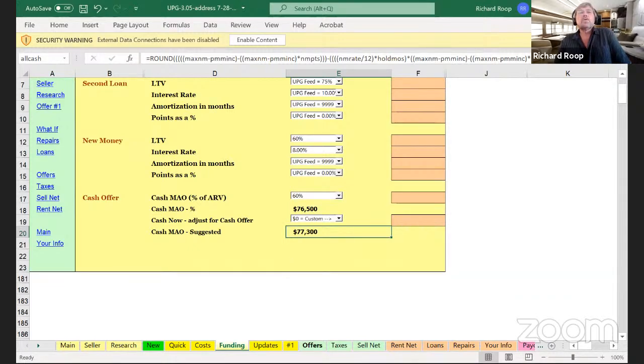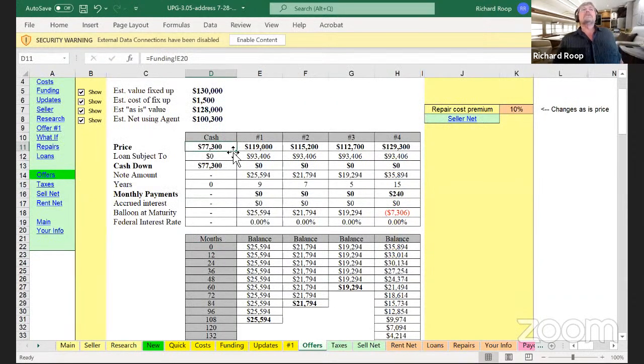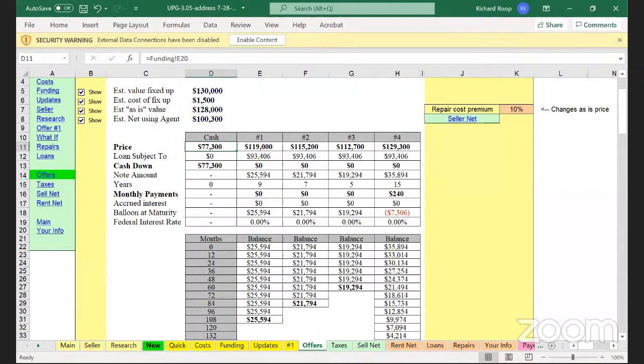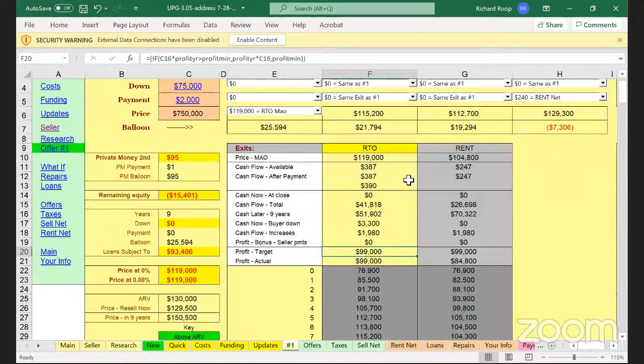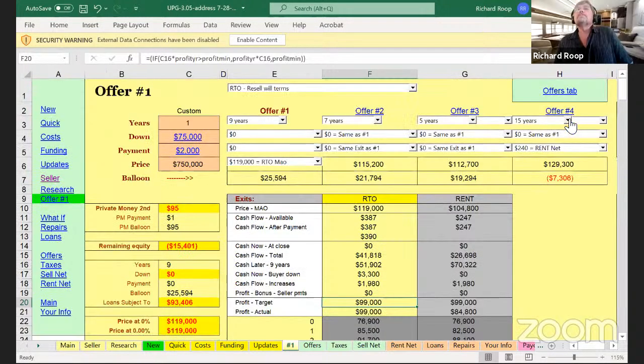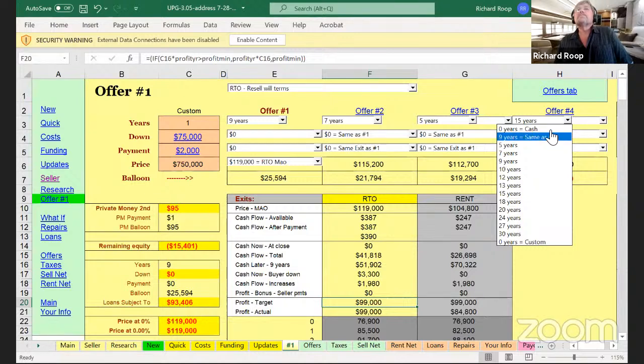Okay, so on this sheet, he's saying he wants 94,000, and I would tell him I can actually do that if you can wait for some money. So let's see.